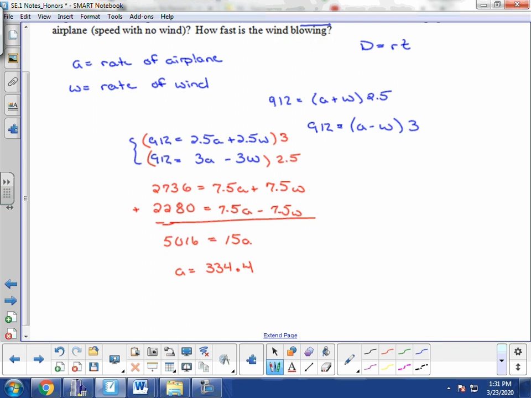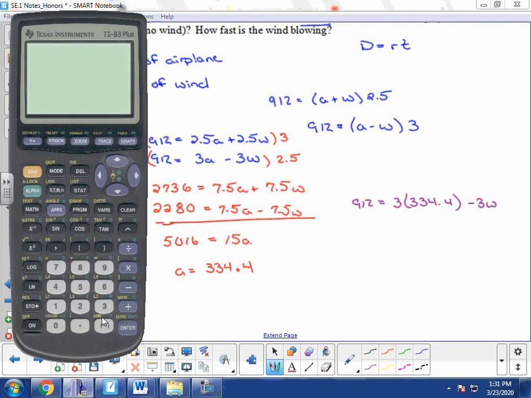So let's do 912 equal to 3 times A, which is now 334.4, minus 3W. So I would simplify this. 3 times 334.4, so 912 equals 1,003.2 minus 3W.